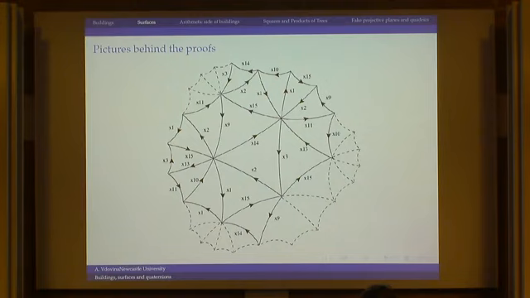I just mentioned that there were already some attempts by people to prove that any group which acts cocompactly on hyperbolic buildings does contain a surface group, but actually there was a mistake there, and the mistake comes from the fact that it's very difficult to ensure this kind of combinatorics.